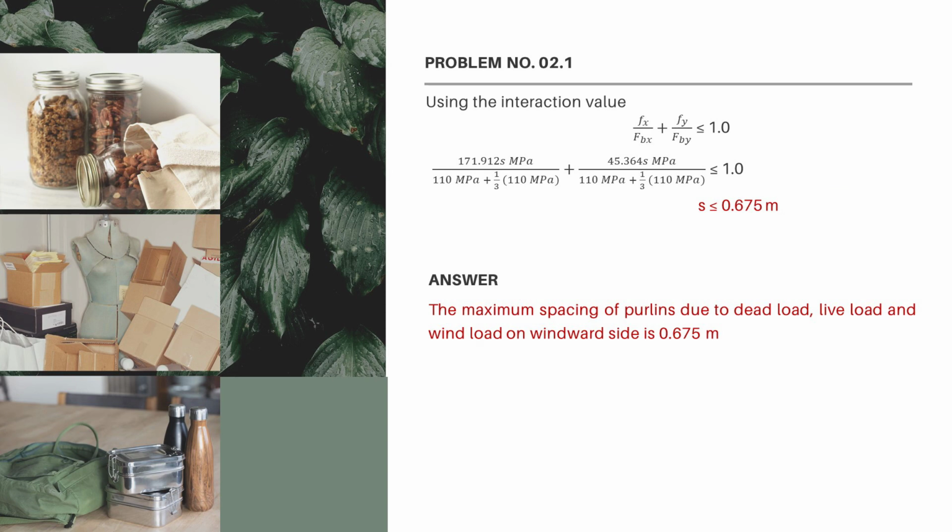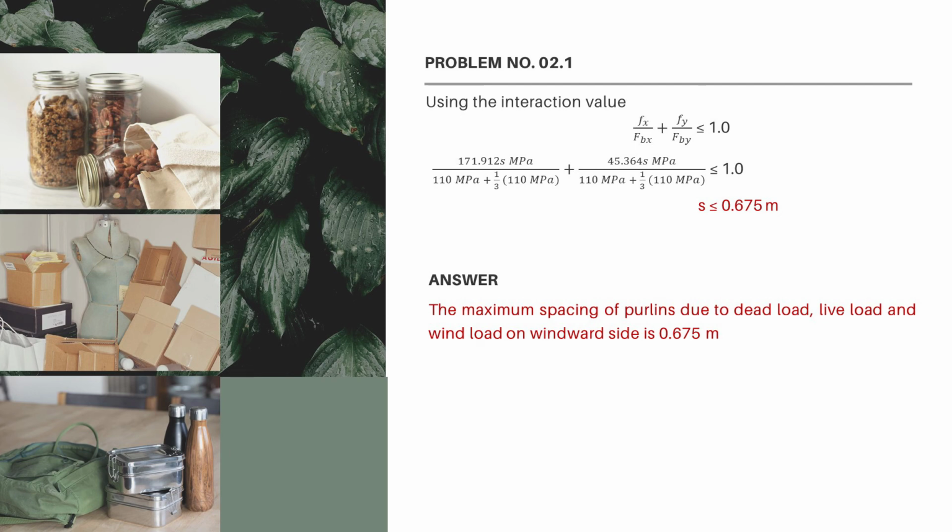Using the interaction value, 171.912 multiplied by the spacing over the sum of 110 megapascal and 1/3 of 110 megapascal plus 45.364 multiplied by the spacing over the sum of 110 megapascal and 1/3 of it is less than or equal to 1.